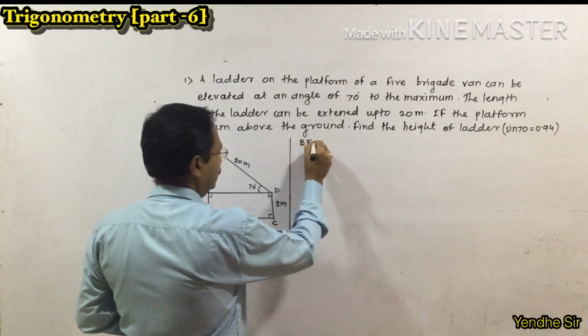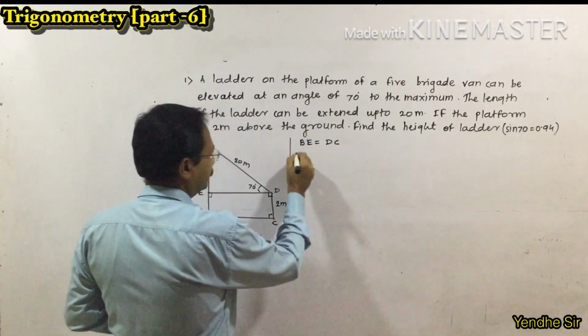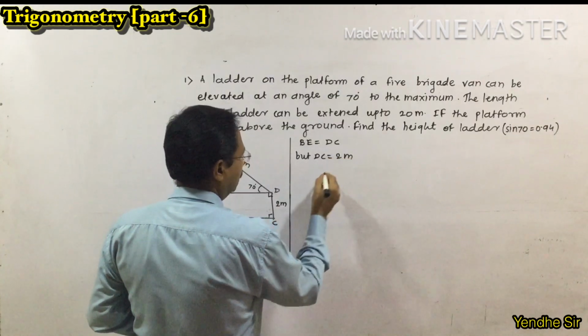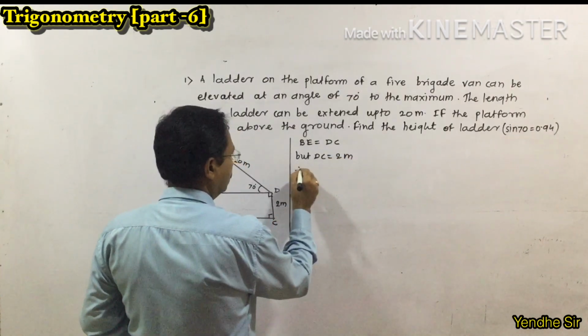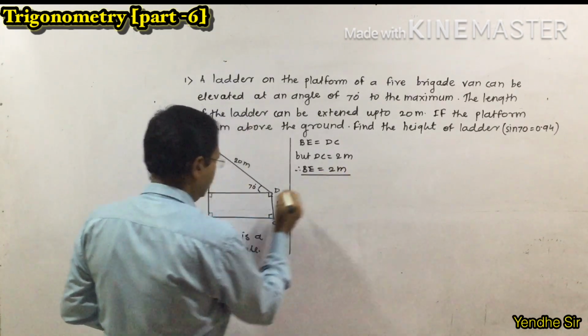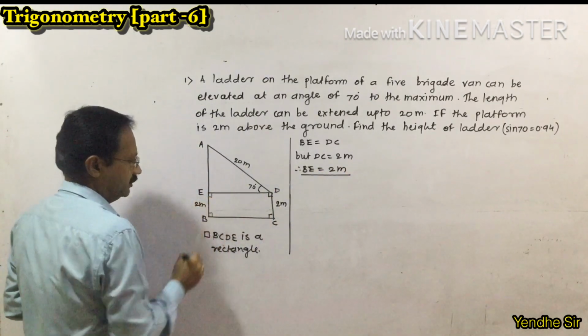Therefore, BE equals DC, but DC equals 2 meters. Therefore, BE equals 2 meters. So here we can write it as 2 meters.